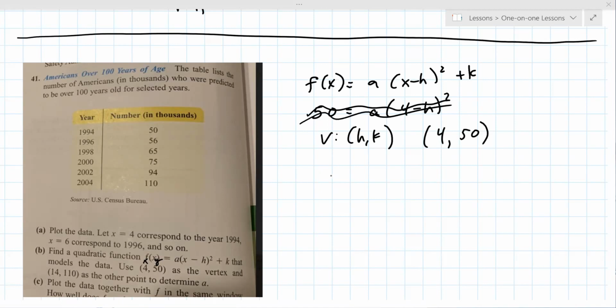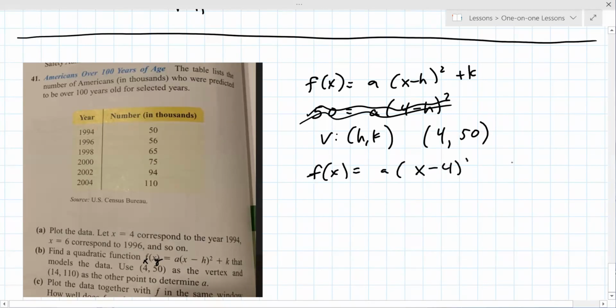So we can get it down to this first: a times (x minus 4) squared plus 50. And then this other point becomes 110 equals a times (14 minus 4) squared plus 50, and you're going to solve for a. So you're using that other point as an x, y. Solve for a.